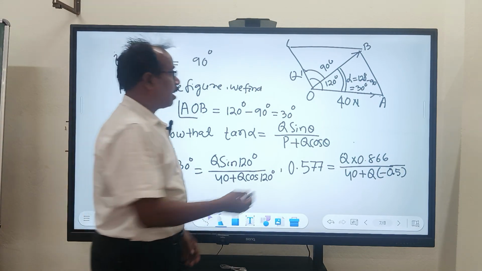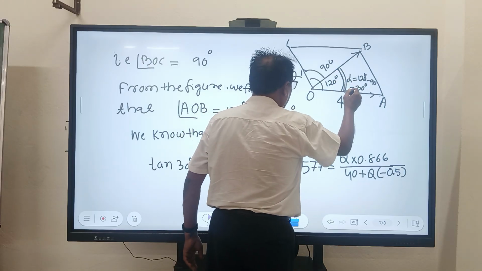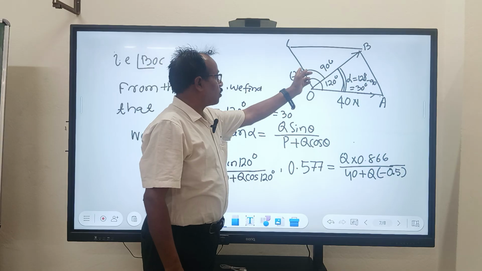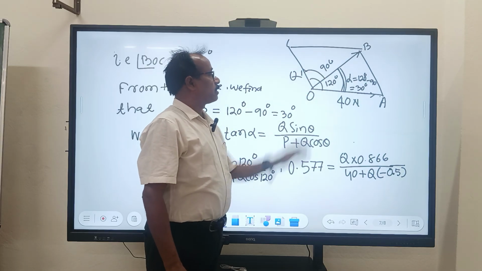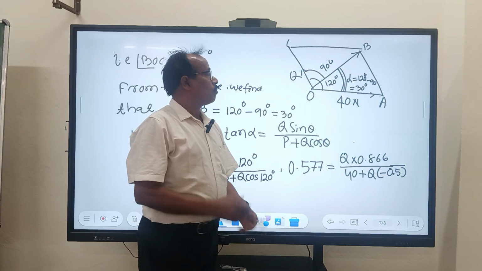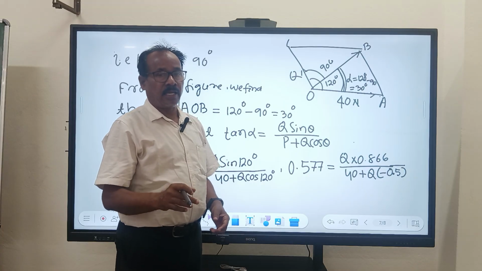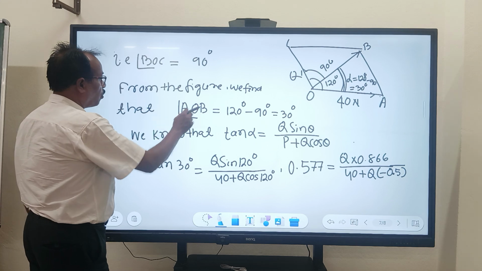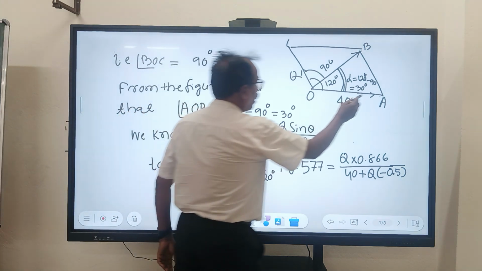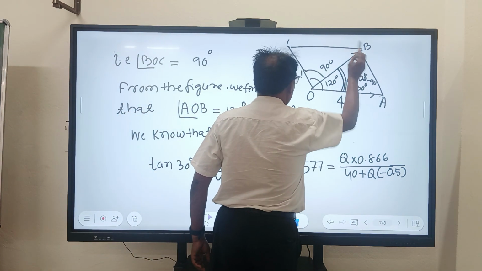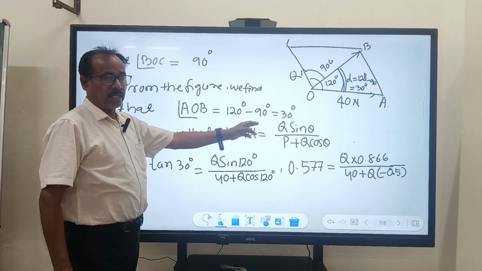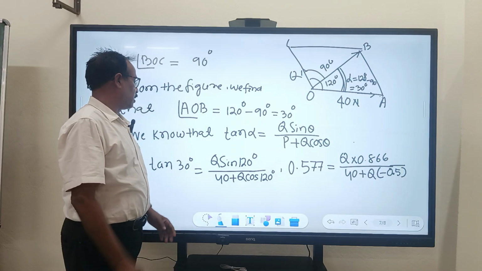Then this angle alpha is equal to the total angle 120 minus 90, which is 30 degree. Therefore, AOB is equal to 120 degree minus 90 degree is equal to 30 degree.